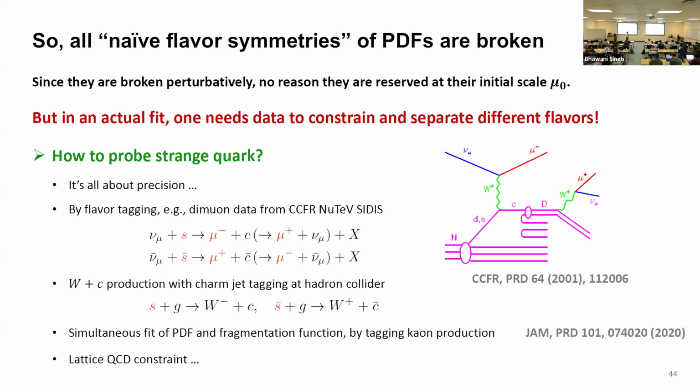So the GEM group proposes to simultaneously fit PDFs with fragmentation functions, and that effort is still ongoing. And of course, you can always have constraints from lattice QCD calculations. So this is an incomplete list. If you think of something new, you can contribute to this area.